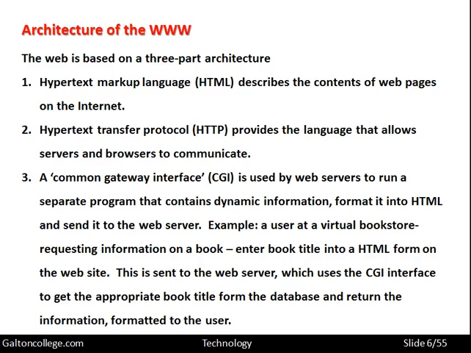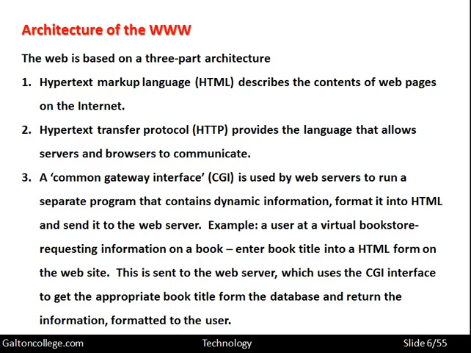Now they would enter the book title into an HTML form on the website. So the website would simply have a form requesting the user to enter some information. This is sent to the web server, which uses CGI, Common Gateway Interface, to gather the appropriate book title from the database and return the information formatted to the user. So it's the CGI program that finds the information.